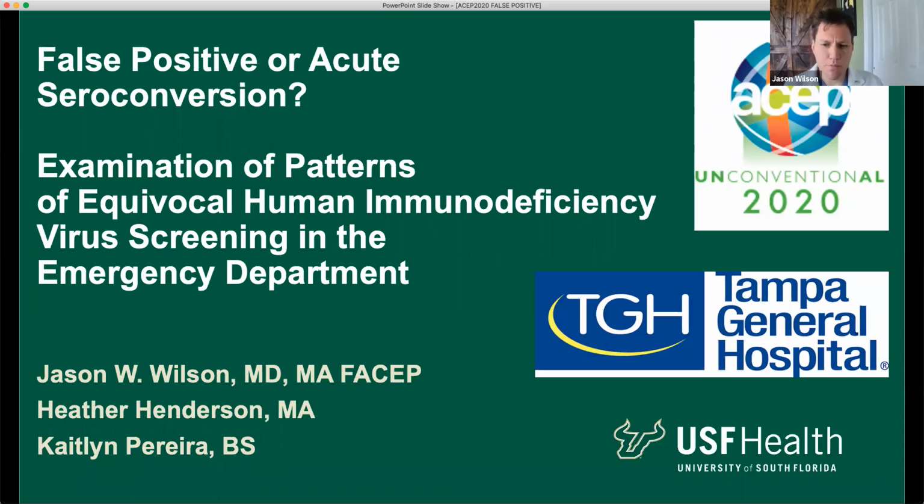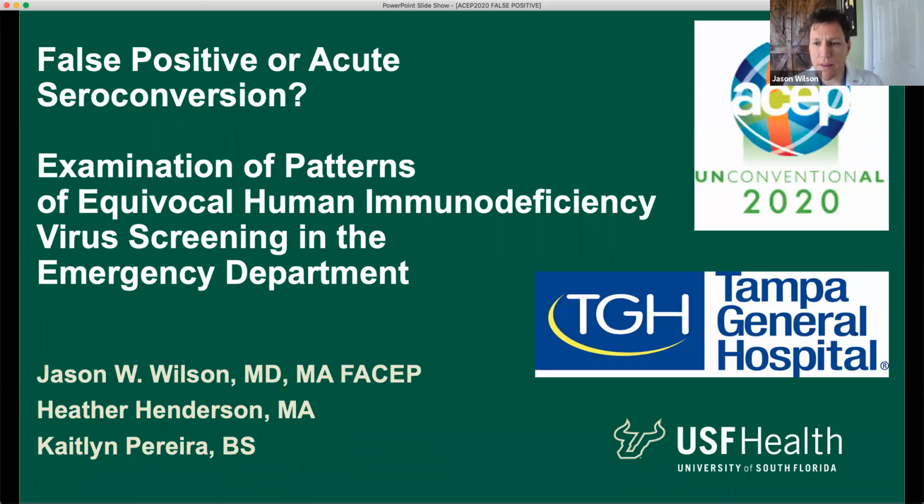Essentially, this bucket of patients that have what we call equivocal results might either be a very serious patient who is acutely converting in front of us with HIV, or might actually just be a false positive patient who perhaps doesn't really have HIV at all, but is for some reason popping up with a reactive screening test.